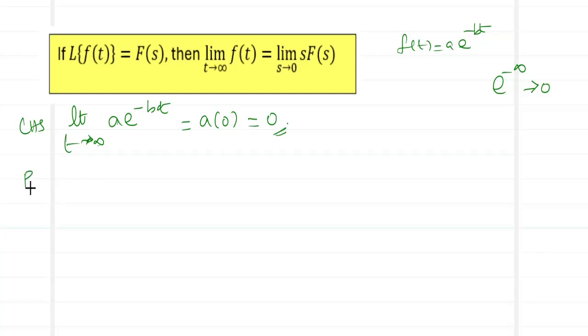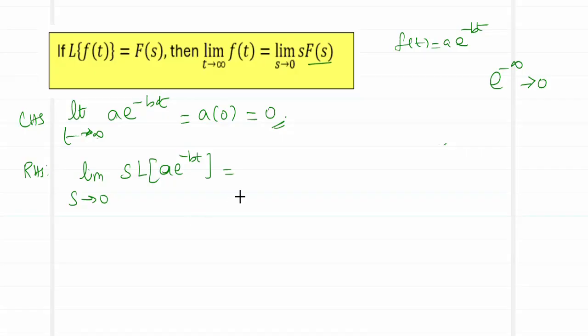Now let me move to my right hand side. It is the limit as s tends to 0 of s times F(s), where F(s) is the Laplace of a e^(-bt). Here a comes outside, and the Laplace of e^(-bt) is 1 divided by s plus b.